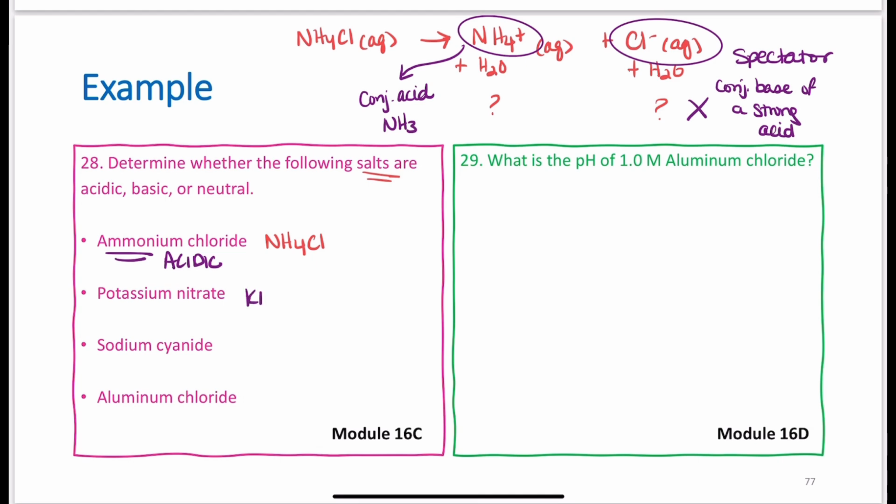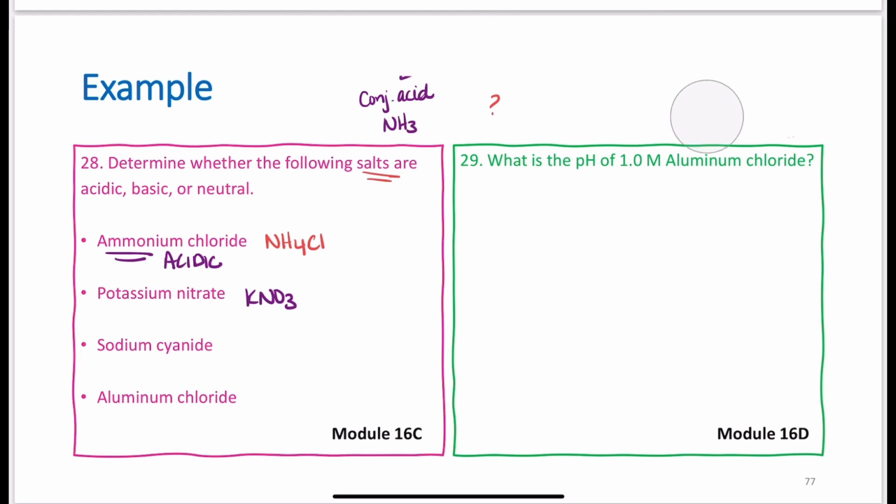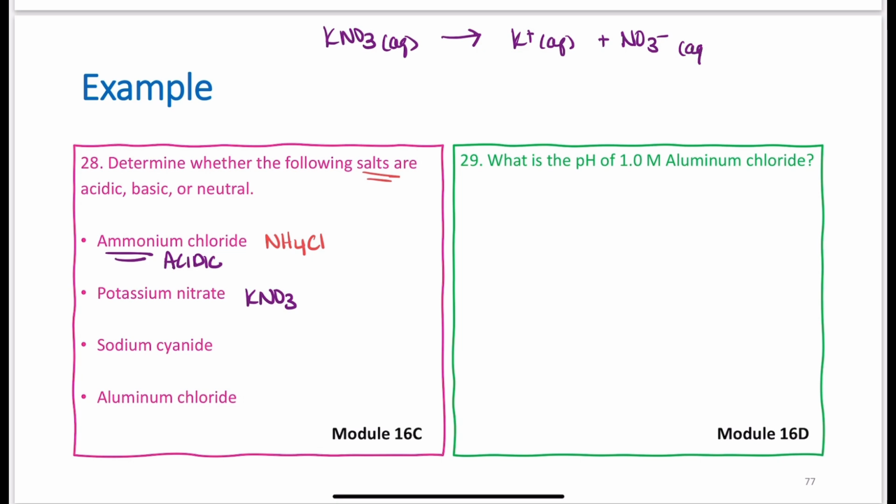Okay, what about potassium nitrate? KNO3. I put KNO3 in solution. Keep in mind when I'm separating my salt here, this is a single-headed arrow, they're all completely dissociating. K plus and NO3 minus.